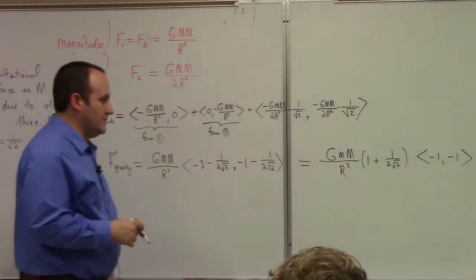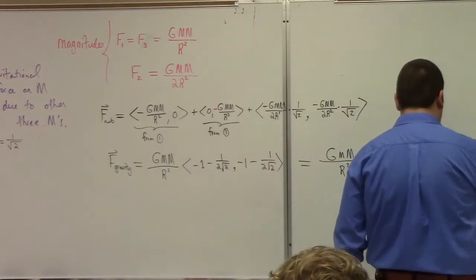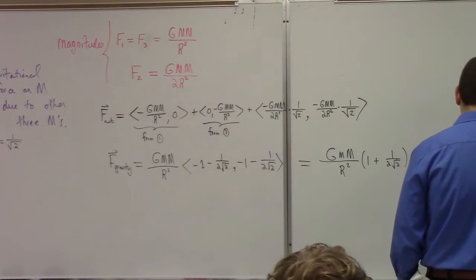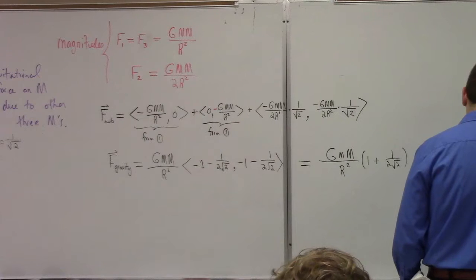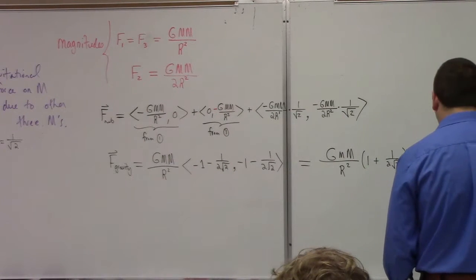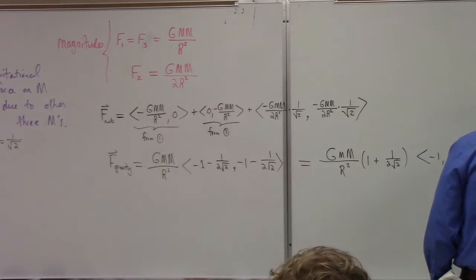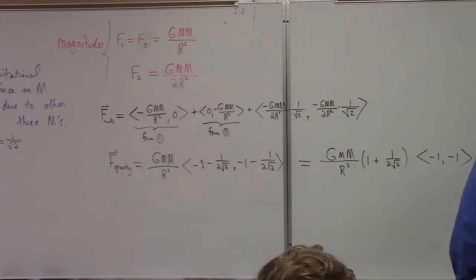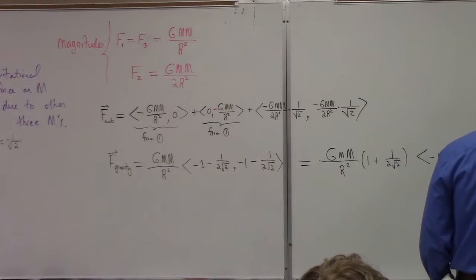Or if you like, I like unit vectors, you know? So that's G, M, m. Let's see here. 1 over square root of 2. 1 plus 1 over 2 root 2. Oh, sorry. I meant multiply by root 2.